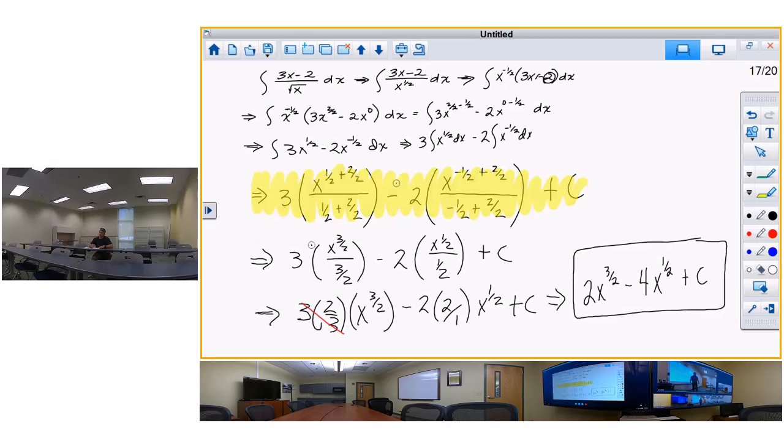Same thing here. When you divide by 1/2, you multiply by what? 2 over 1. You just kept the 2? The 2 was out here, and then I brought this up, and it became 2 over 1, so that's 4. Okay, I got you now.